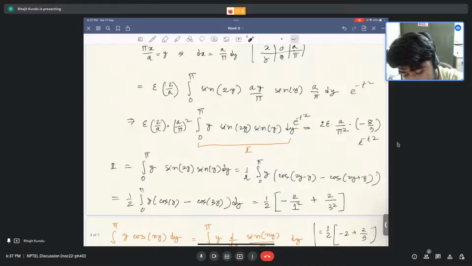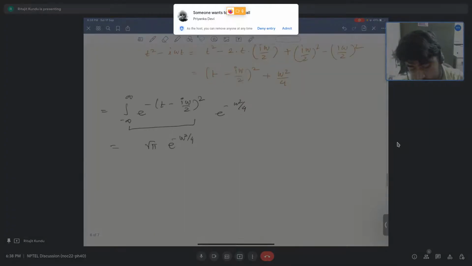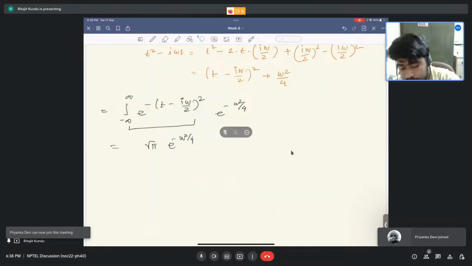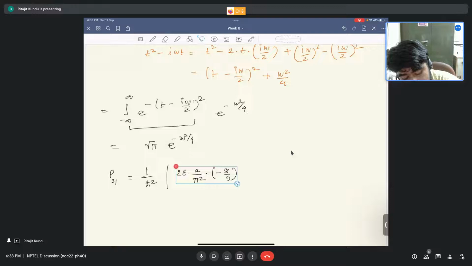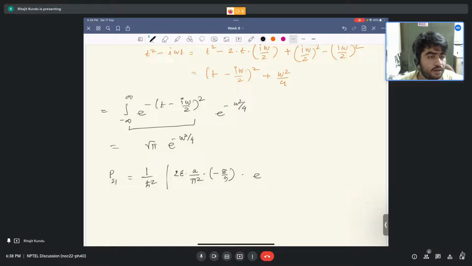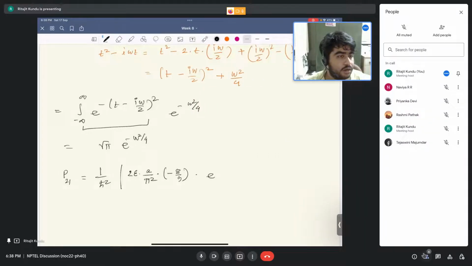So let me take this one. This P21 is given by 1 by h bar square, and there is mod square of this quantity times e to the power minus omega square by 4, mod square, right?